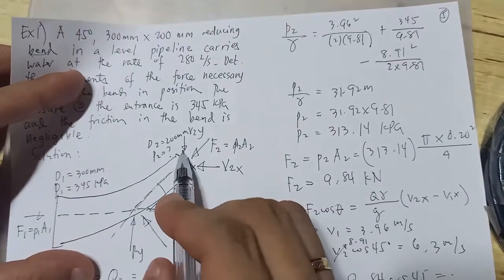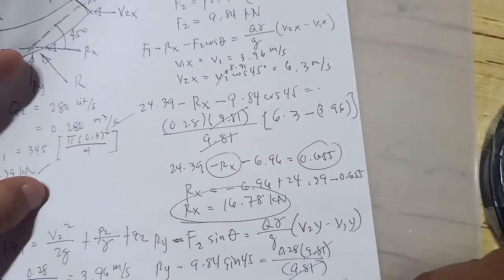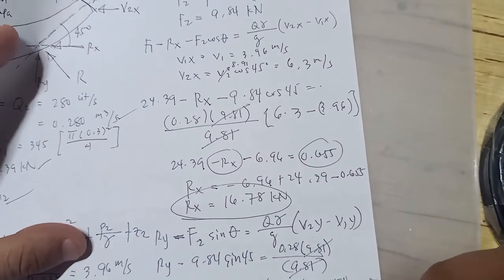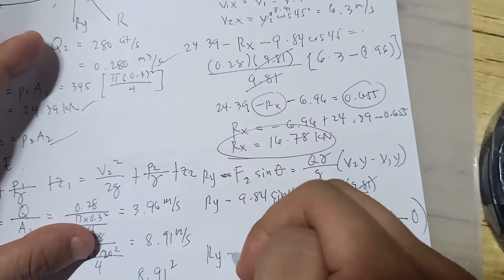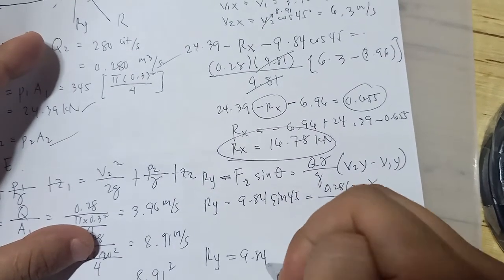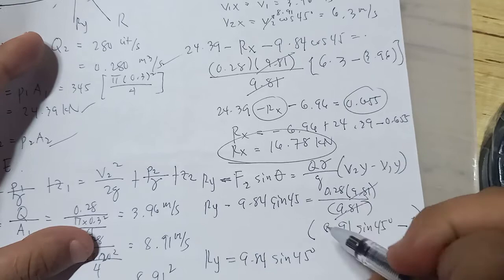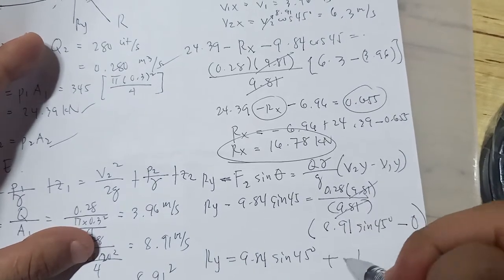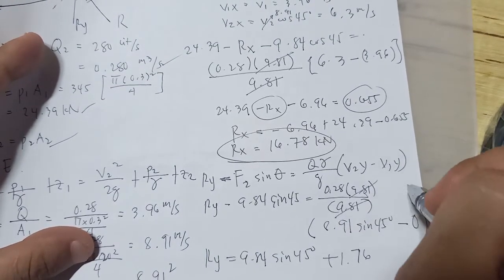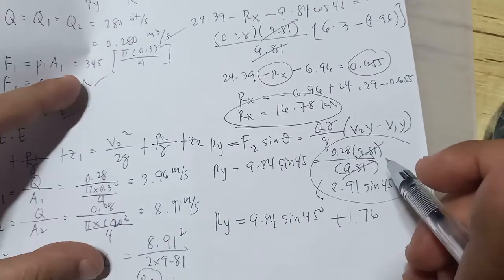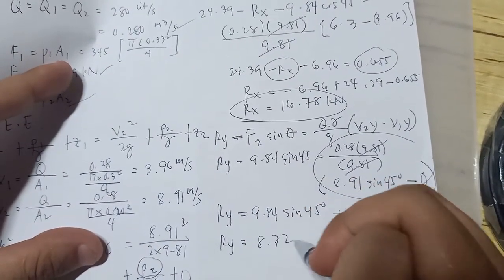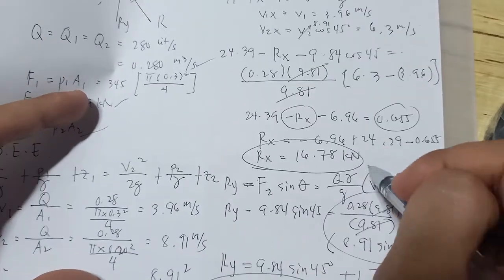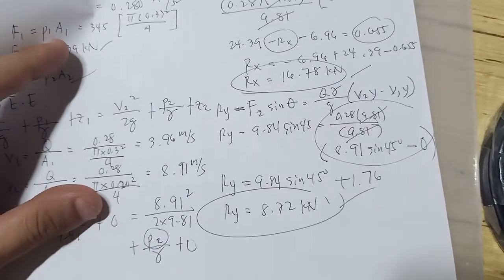There is no V sub 1y, so it is 0. So our Ry is 9.84 sine 45 plus 1.76. So our Ry is 8.72 kilonewton. So these are the answers.